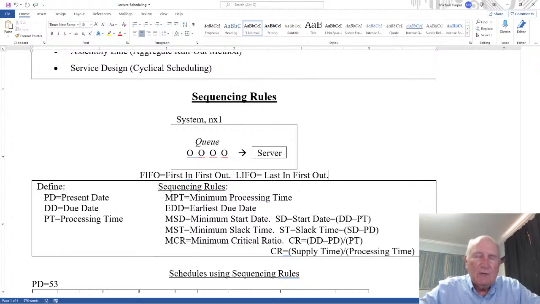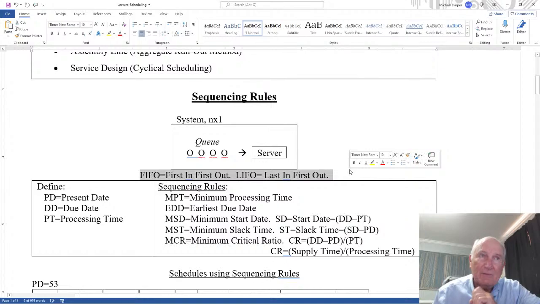In my video on my website, I do talk about examples of FIFO, like people waiting in line to be serviced, and LIFO, like shipments waiting to be processed. The last one on the truck is the first one delivered. So FIFO and LIFO can be extremely valuable and very important, and they are two different sequencing rules that are not here.